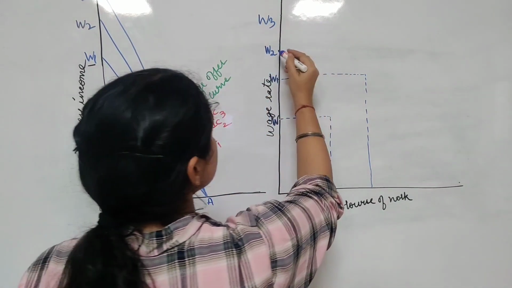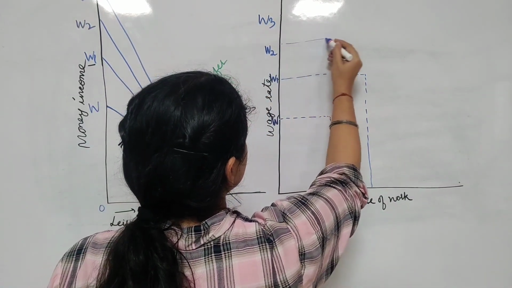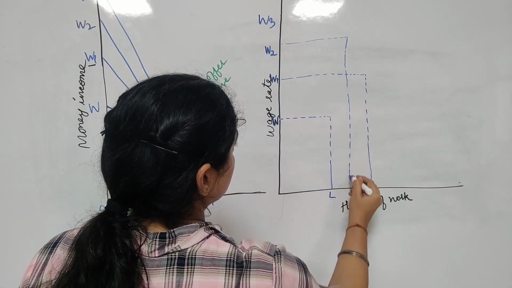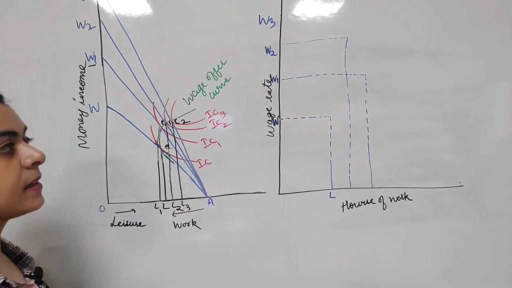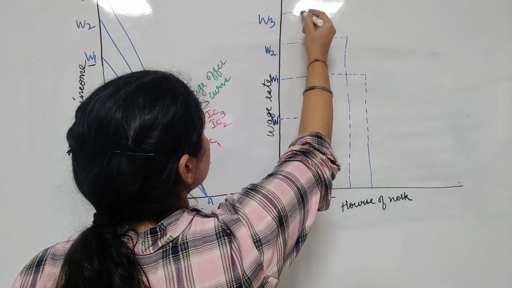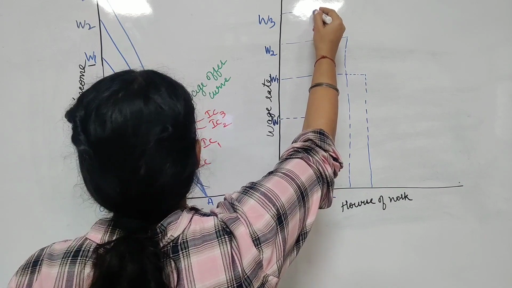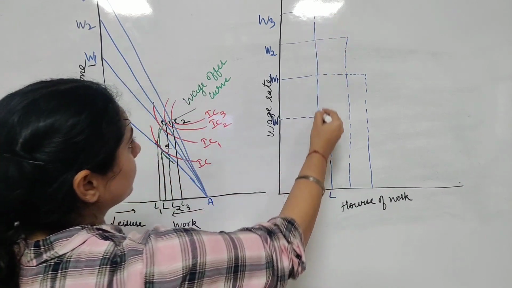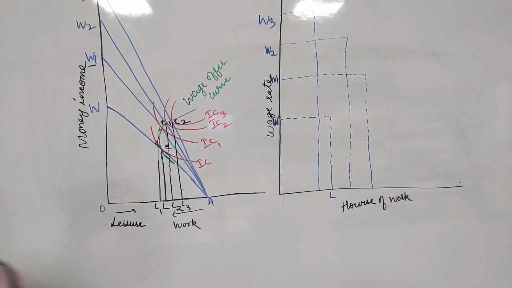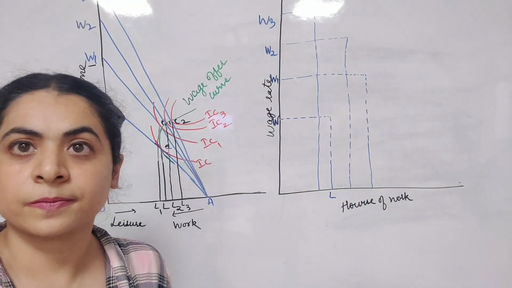So with an increase in wage rate, there is a fall in working hours, and with further increase in wage rate, there is a fall in working hours.